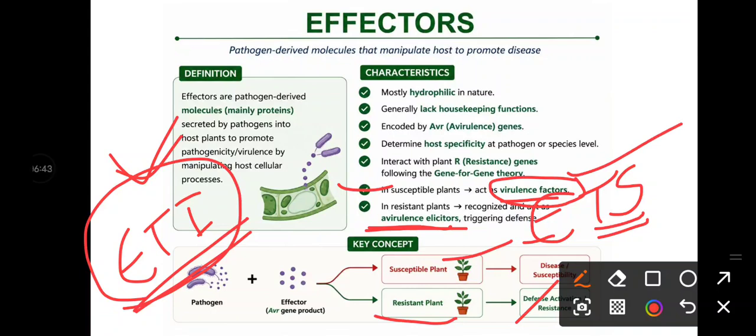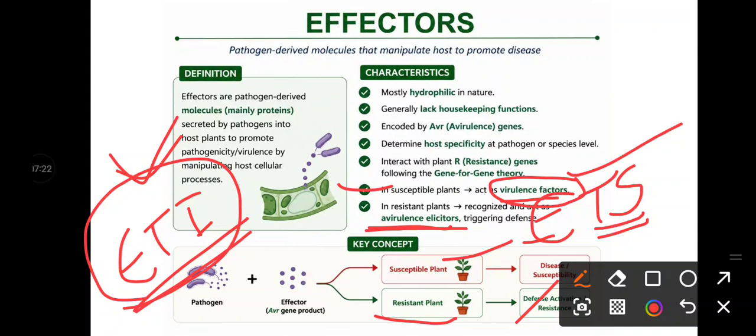As we all know, elicitors are of both biotic and abiotic origin. The biotic elicitors are pathogen derived molecules. Here the effectors are also pathogen derived molecules, but the only difference is how they behave inside the plant. If it enters the plant and causes disease, or triggers susceptibility, or induces disease in the plant, then it will be called an effector.